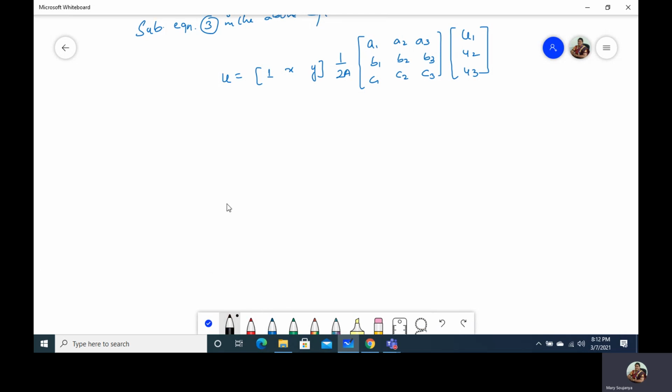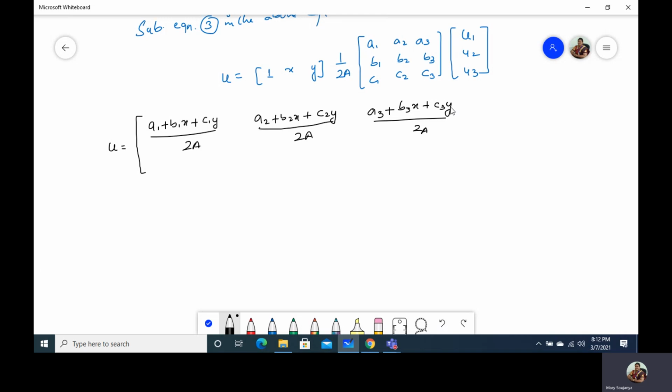Multiplying the terms, we get u is equal to [(a1 plus b1x plus c1y) by 2A, (a2 plus b2x plus c2y) by 2A, (a3 plus b3x plus c3y) by 2A] into u1, u2, u3.